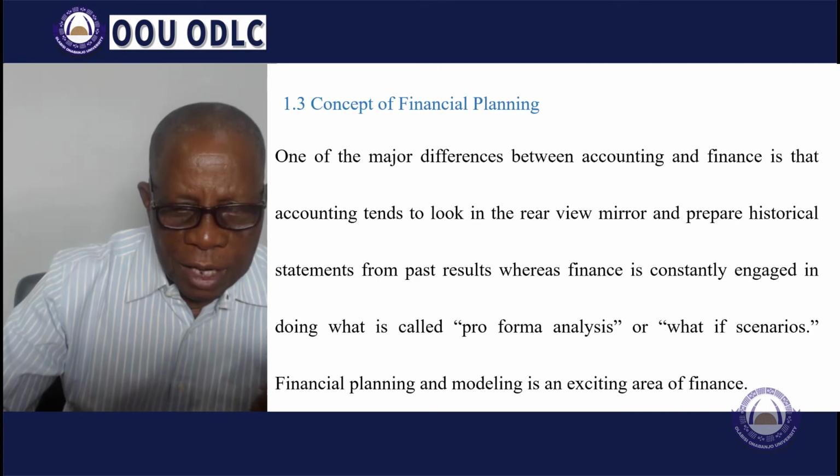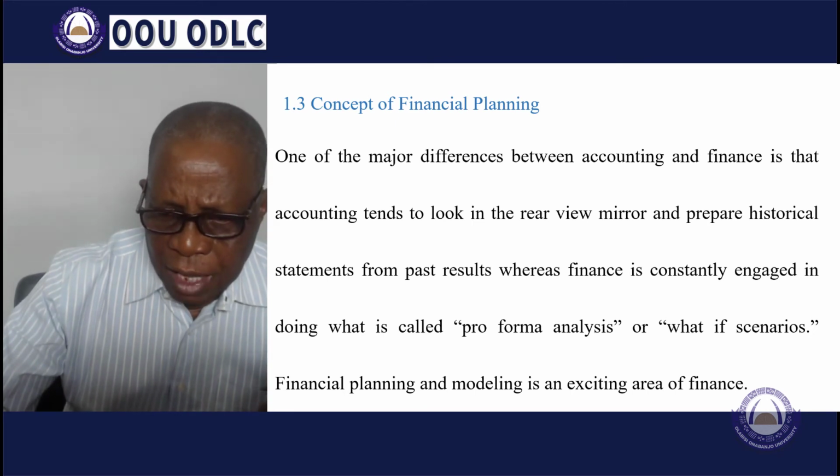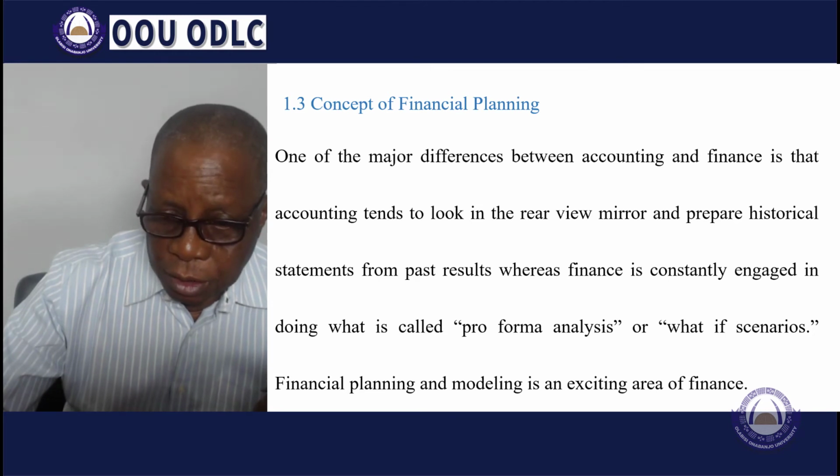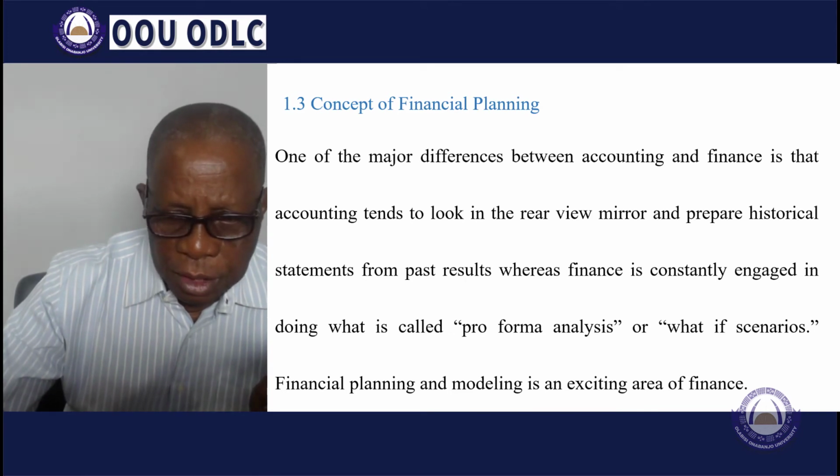Whereas finance is constantly engaged in doing what is called pro forma analysis or what-if scenario. In other words, finance is to estimate the risks involved in any financial decisions. And once again, I want to repeat, the main activity of finance is to reduce risks in all decisions that we make in any firm.